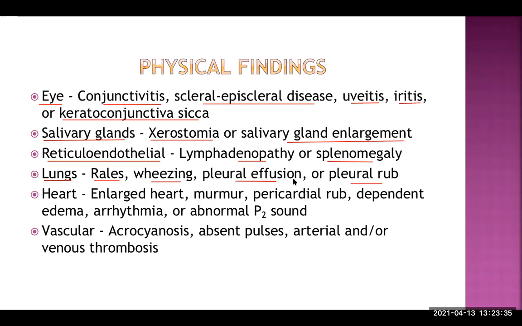Pleural effusion, again, is because of fluid collection in the pleural space. Now, can you tell me which type of pleural effusion it would be, exudative or transudative? Which pleural effusion is this in connective tissue disorder? Transudative, sir. Why transudative? Because, sir, exudative is mostly in infection, sir.